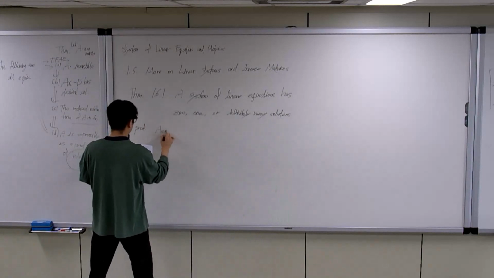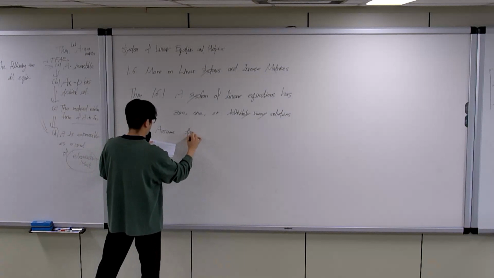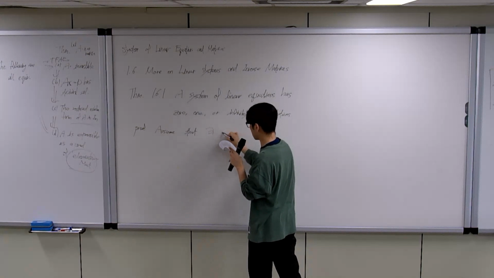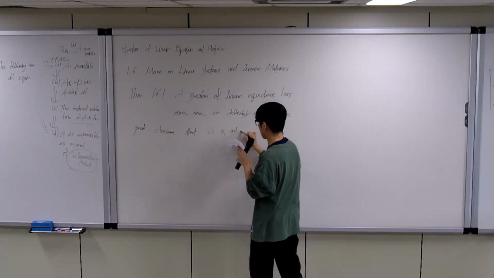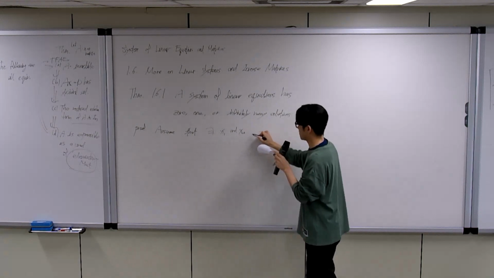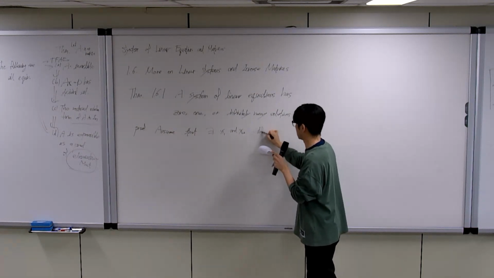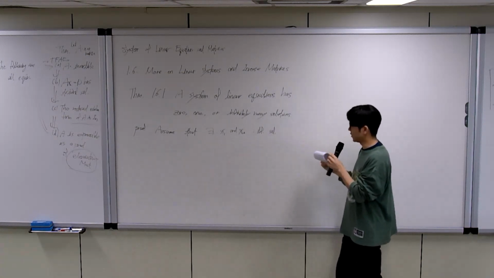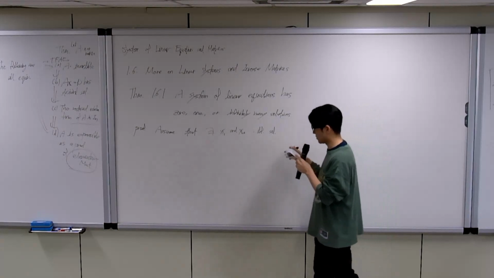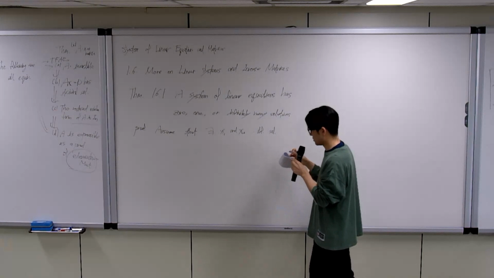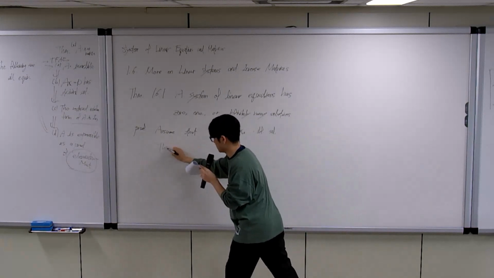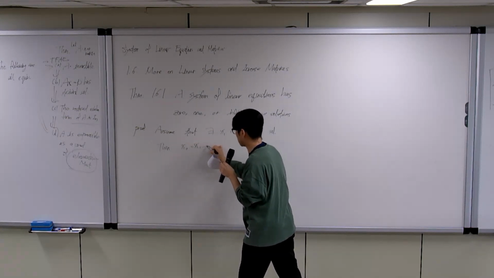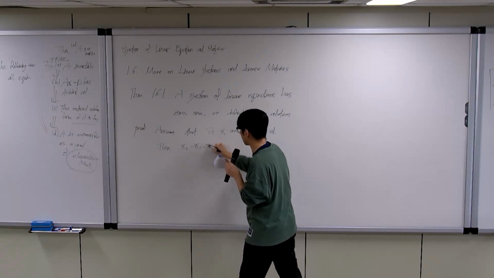So let's assume that there are two different solutions, x1 and x2. Then we might make another vector by subtracting the two vectors.